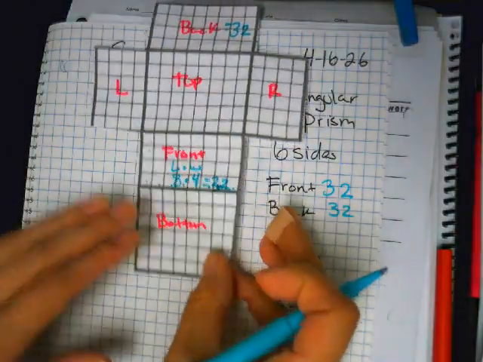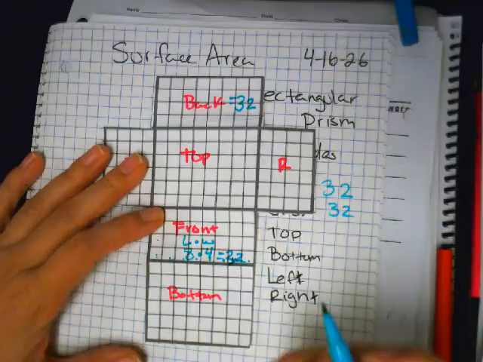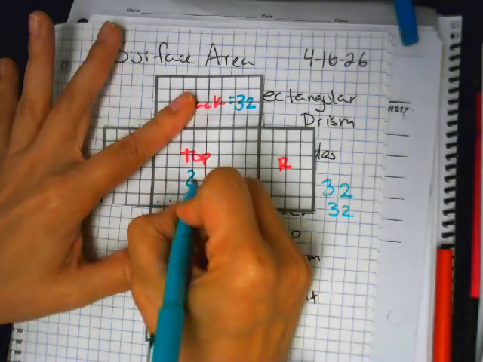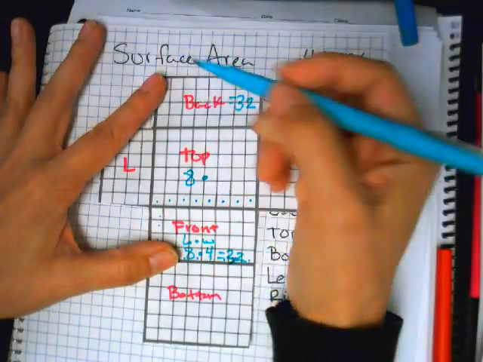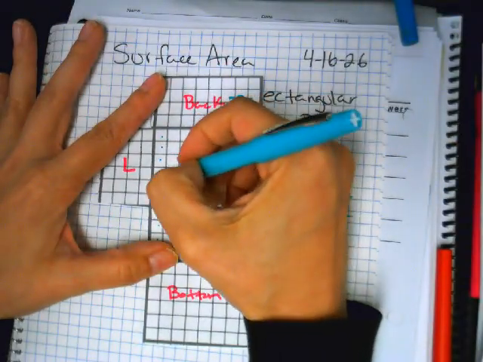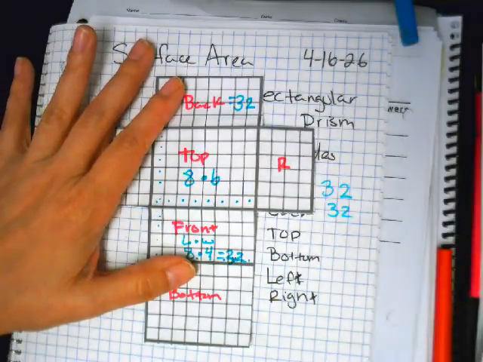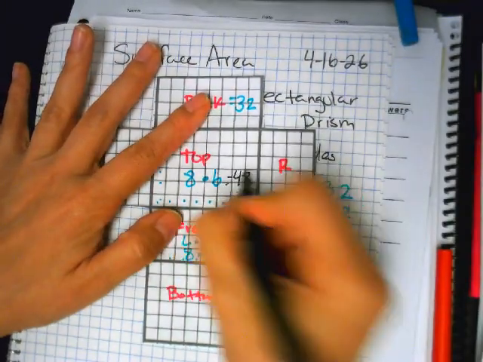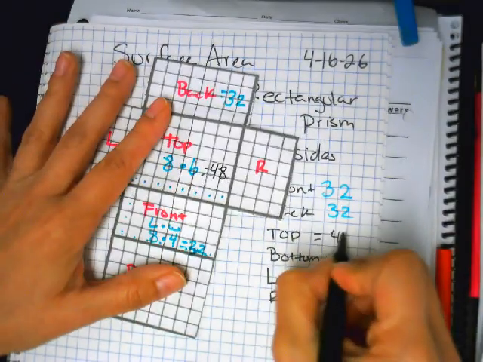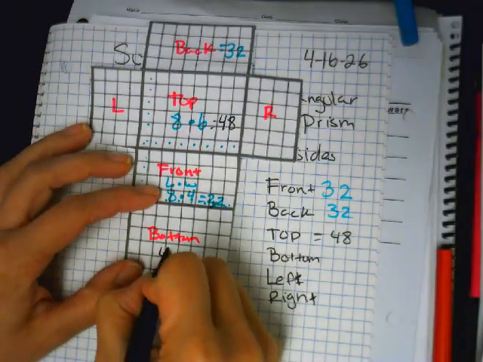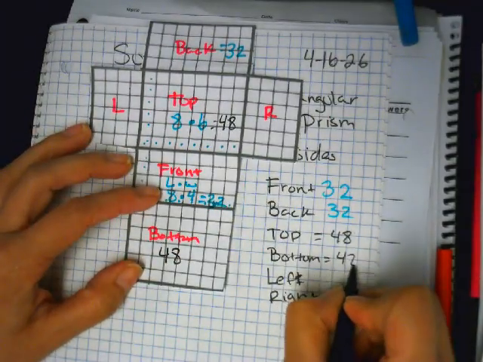Okay, let's do the top. What's the area of the top? 1, 2, 3, 4, 5, 6, 7, 8. 8 times 6 is 48. So the area here would be 48. So my top is 48, and then my bottom is 48.